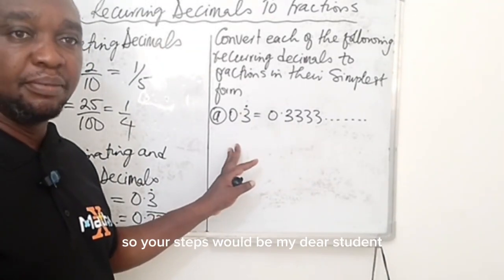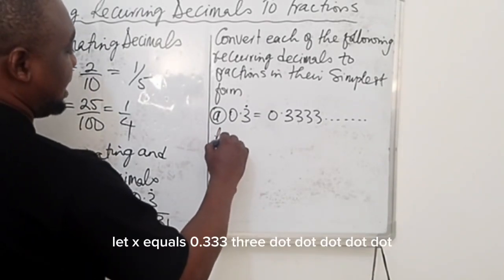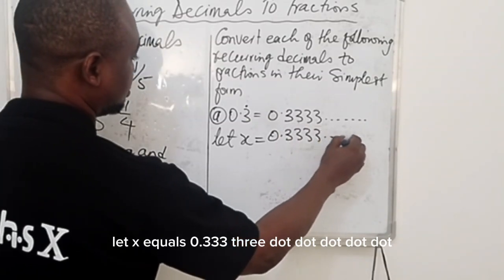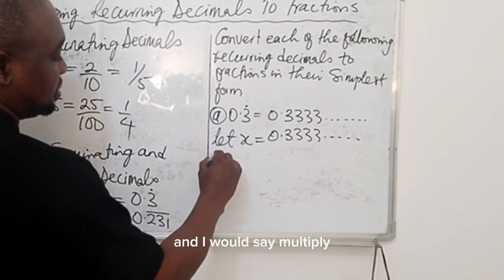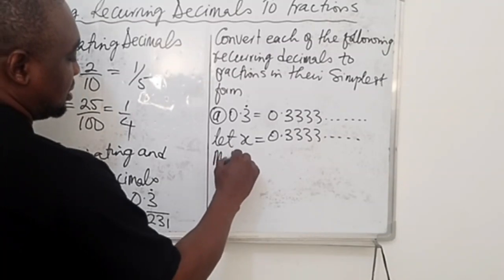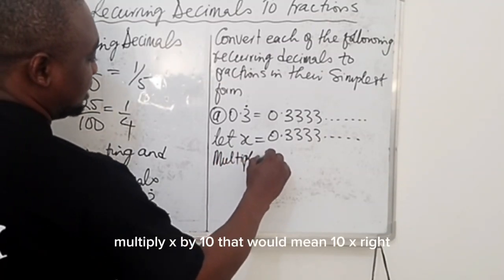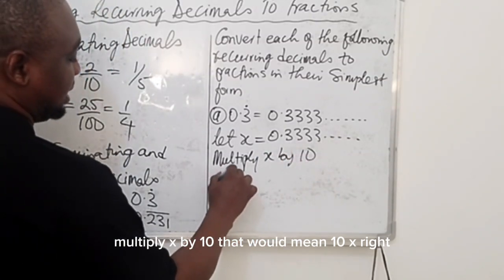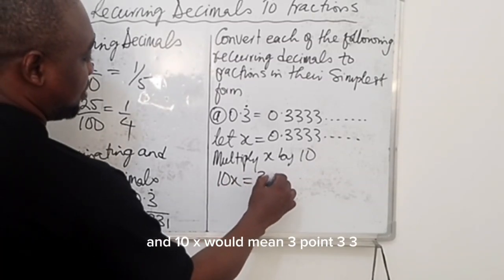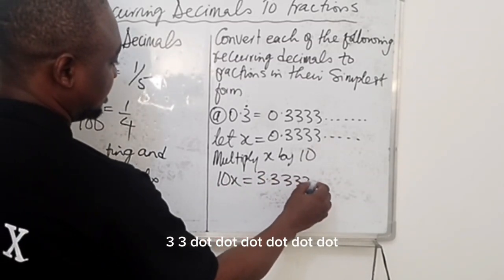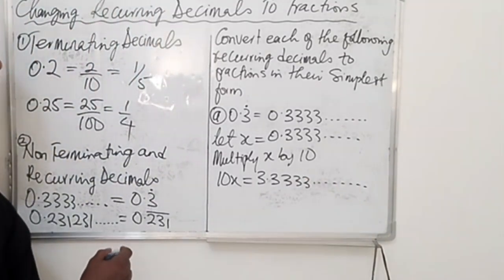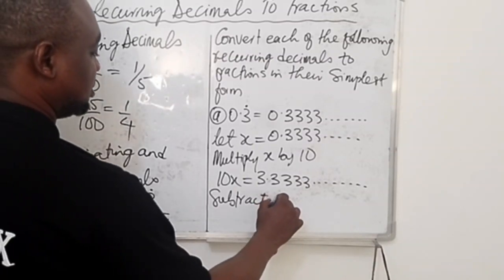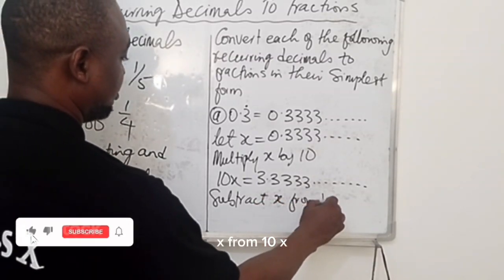So your steps would be, my dear students, first of all, let x equal 0.3333 dot. Then multiply x by 10. That would mean 10x, right? And 10x would mean 3.3333 dot. All right? Subtract x from 10x.